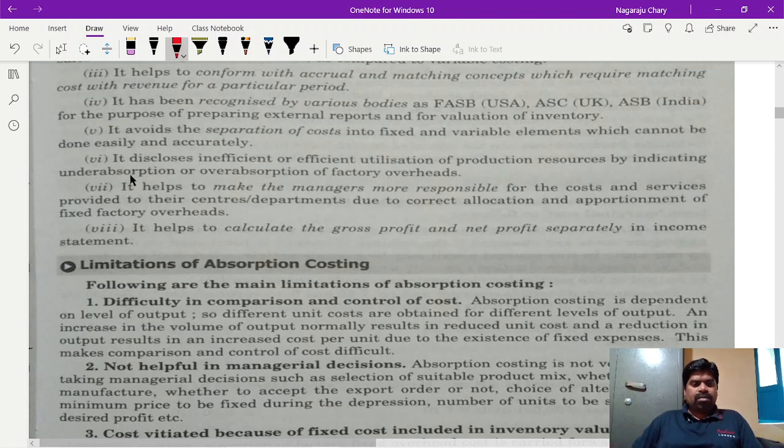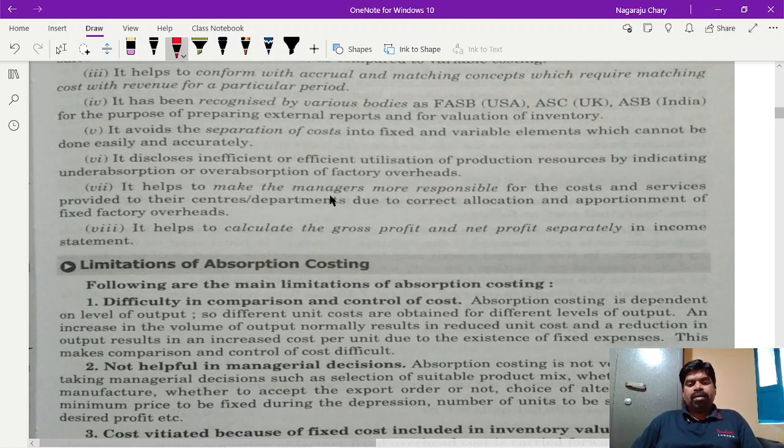Okay. Next, it discloses inefficient utilization of production resources by indicating under absorption or over absorption of factory overheads. So if there is any inefficiency or efficient utilization, that can be known through this method.